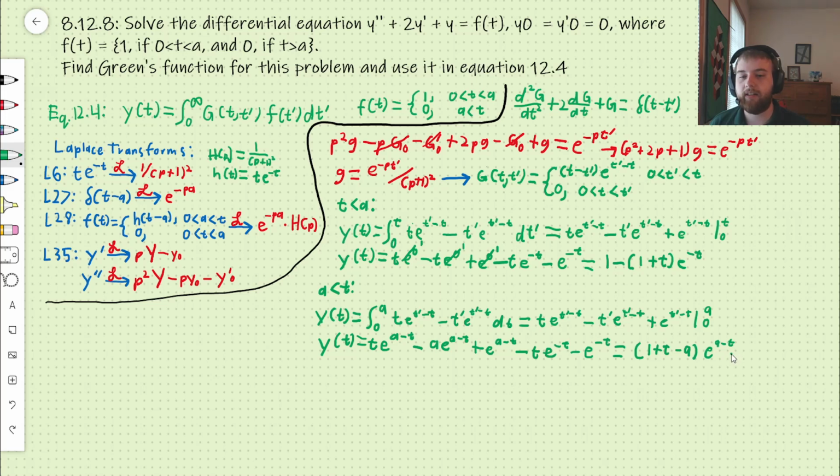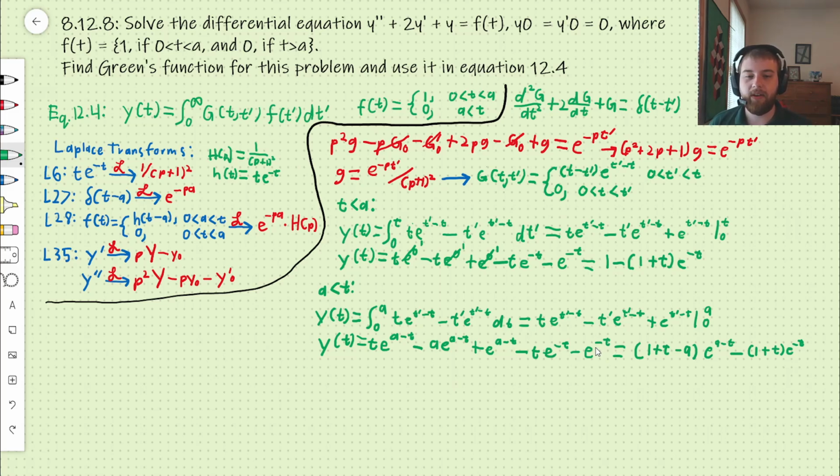And then this last part is going to be minus 1 plus t, e to the negative t. So these two parts make up our whole function. I suppose I could rewrite them into one line, kind of like how these functions are written. But I think this is good enough.